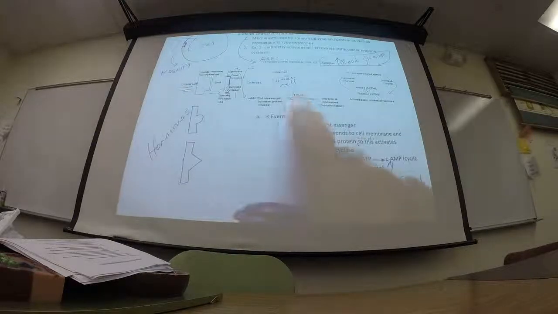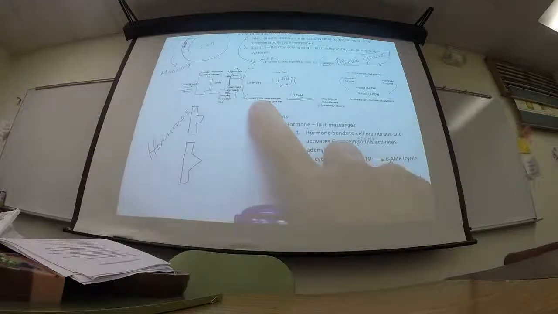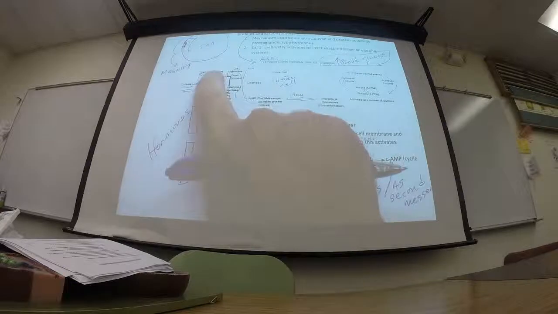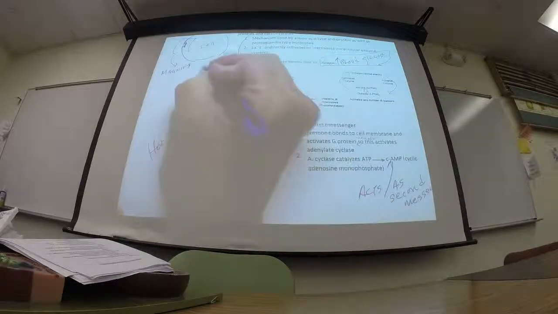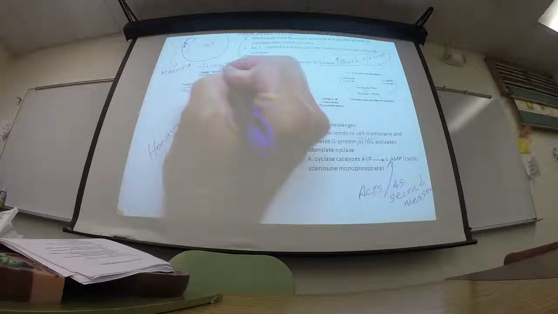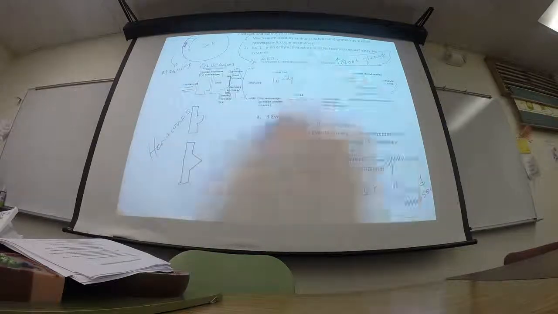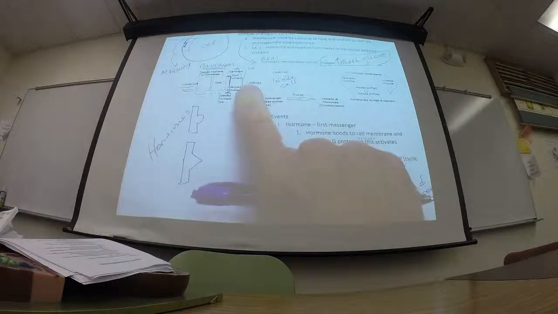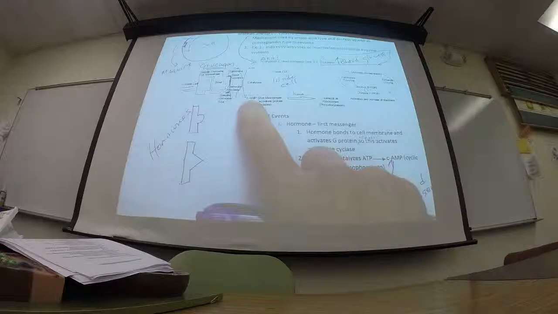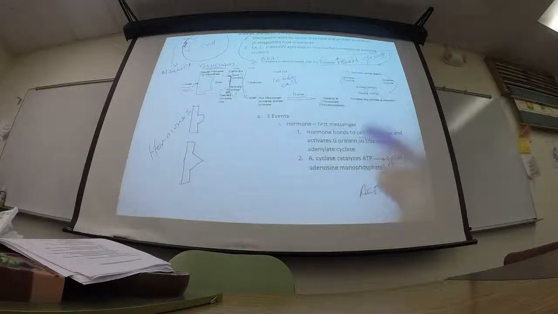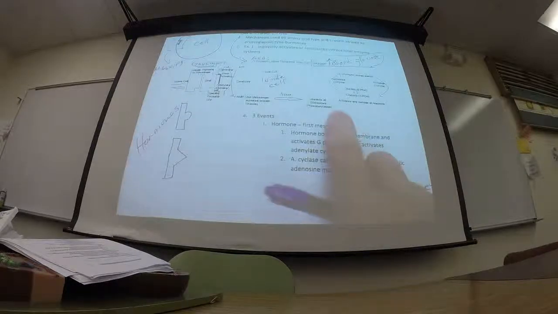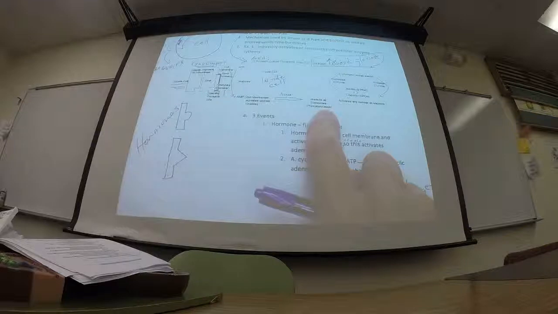Well, the way cyclic AMP carries out the role of the glucagon, so I'm telling you that this hormone right here that's plugging in is glucagon. That's your first messenger, but it didn't come in the cell. So the second messenger carries out the role of glucagon. So it comes over here in the cytoplasm, and at the ribosome, it phosphorylates something.